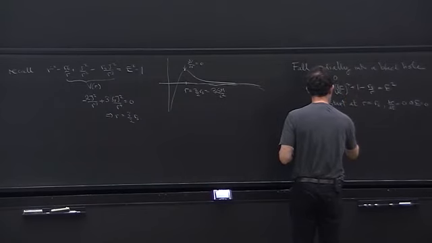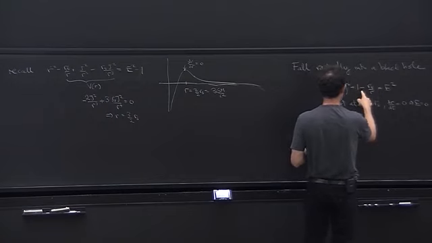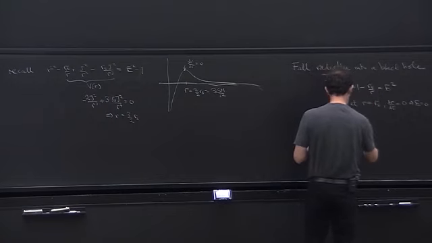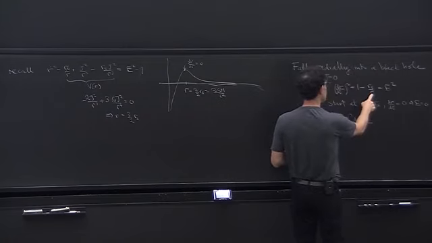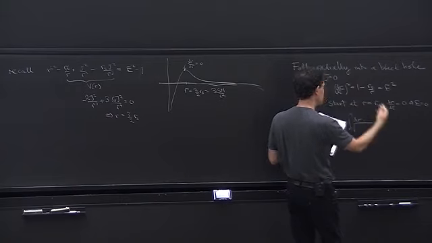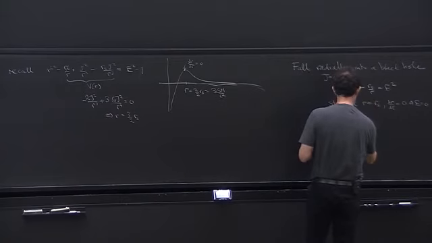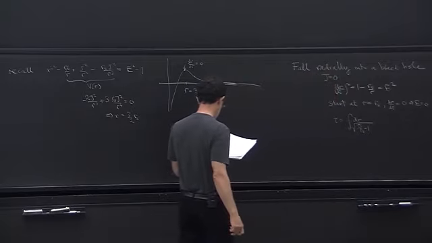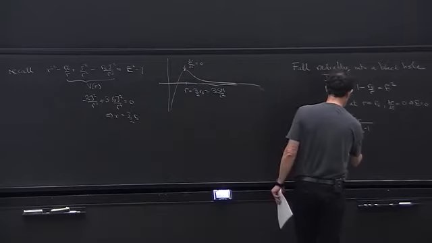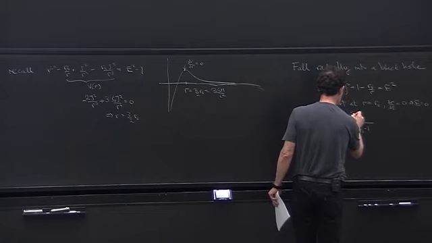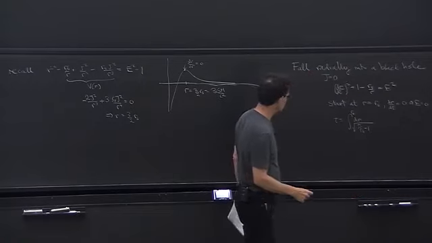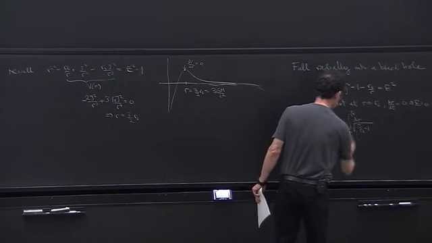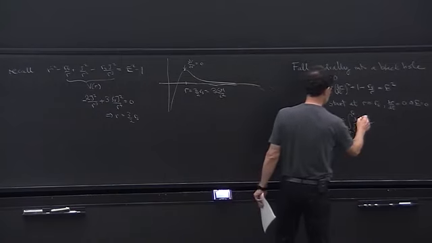What we get is that τ is the integral of dr. Just integrating this equation, I divide by this factor. Keep in mind that r is smaller than r_s, so this number is always bigger than 1. So this is r over r_s minus 1. And I'm going to integrate from r_s, because that's where I started, down to some particular r.